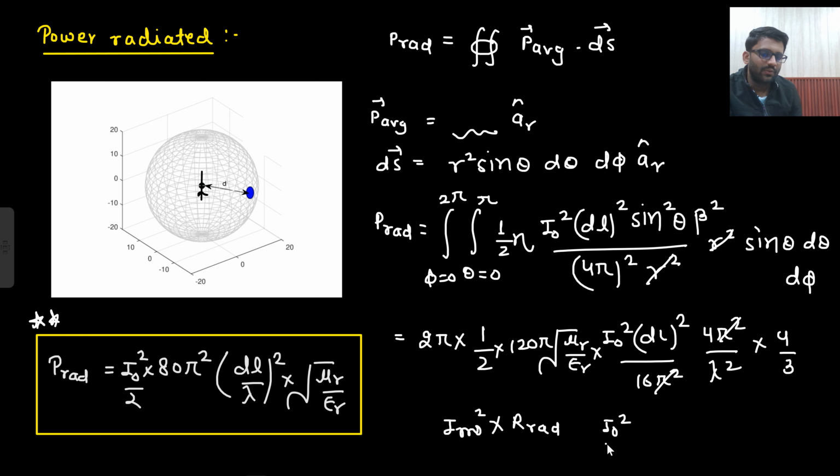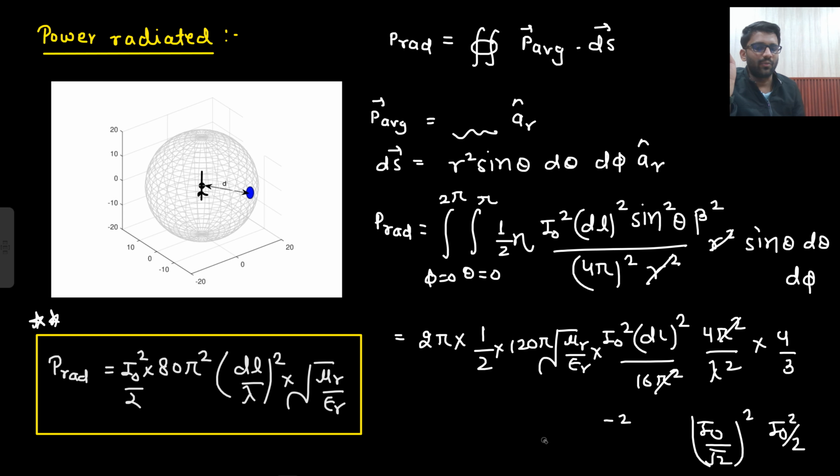I RMS is I naught by under root 2, and if you take the square of that, you get I naught square by 2. So this is the same thing only: I naught square by 2 into some resistance value. And what is that resistance value? 80 pi square into dl by lambda whole square into under root mu r by epsilon r.